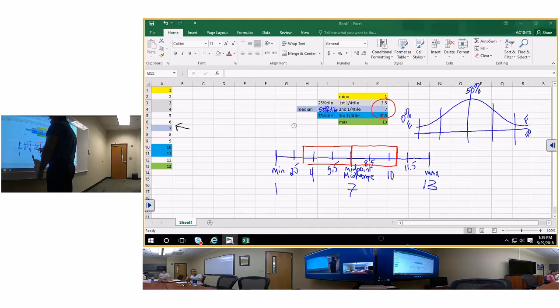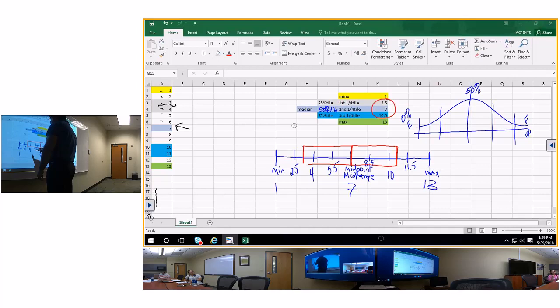Now, I count the numbers above the median. How many numbers do I have above the median? 1, 2, 3, 4, 5, 6. N is equal to 6. How do I find the median of 6 numbers? Average the middle 2. So I averaged these 2 right here. Same thing down here.